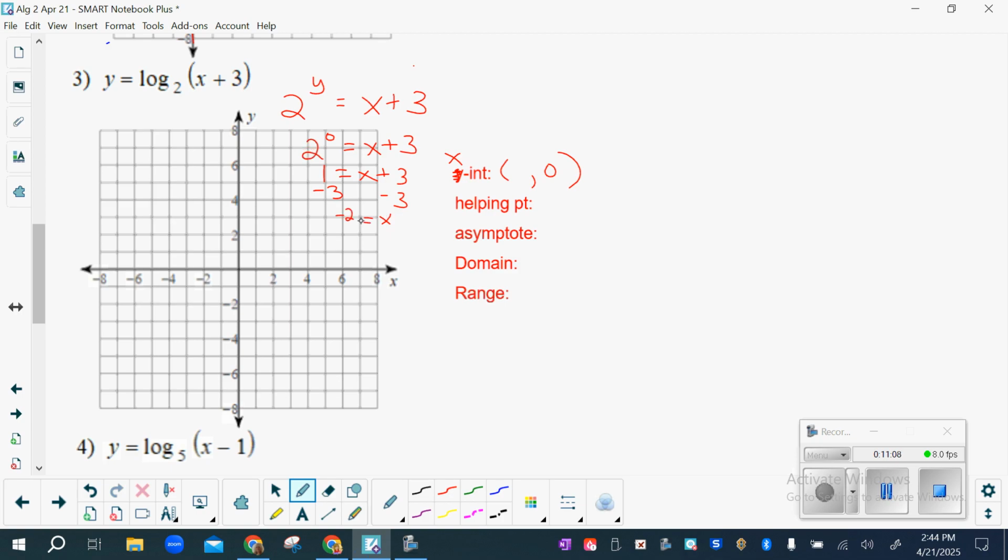So what is this group again? What would my point be for the helping point that I just found? So this equation here helps me find it. -2. Thank you. What's the point?